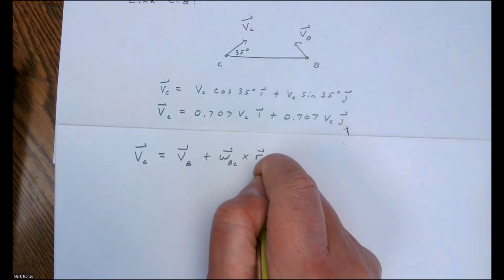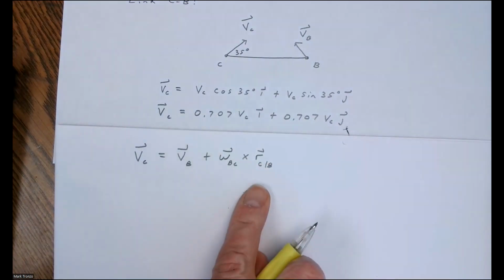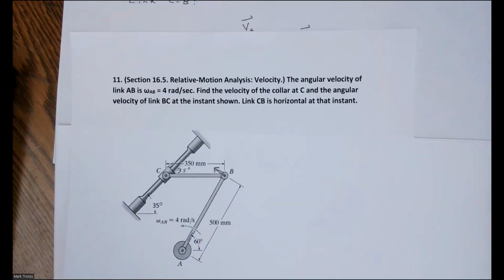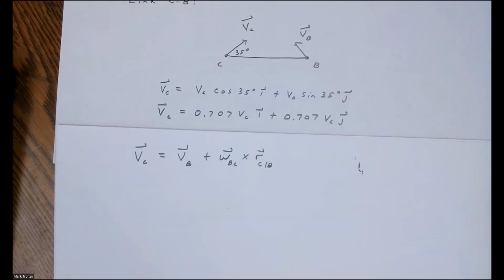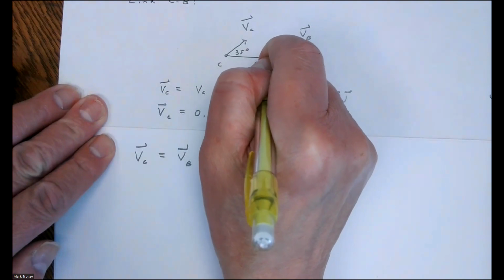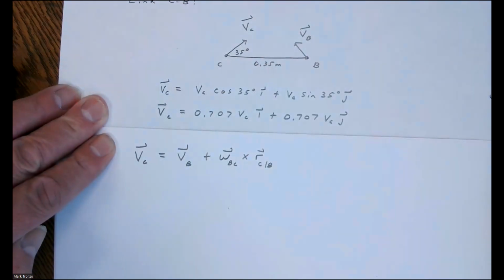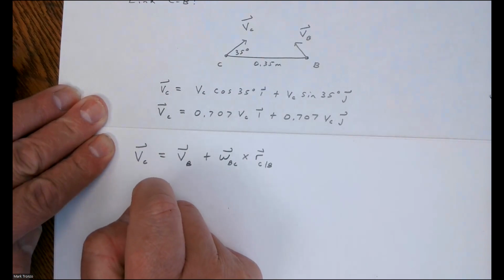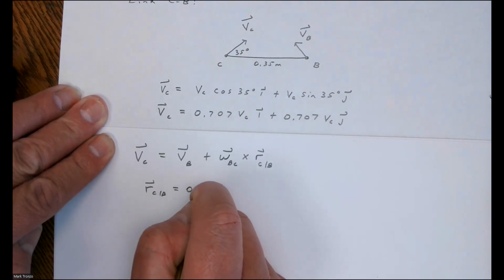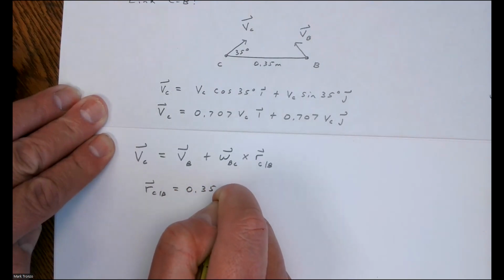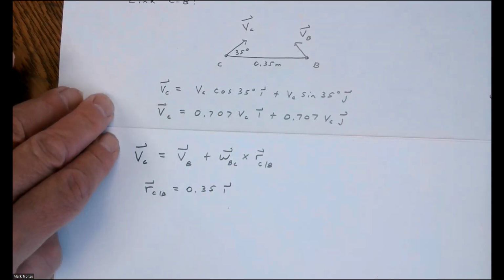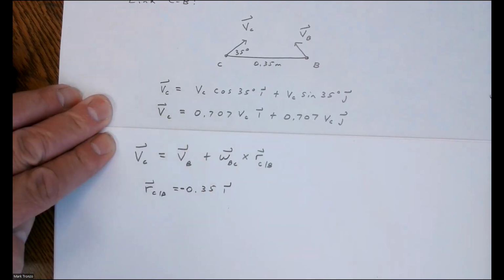And remember, if we have RCB, that means you're going to start at B and go to C. Let's find that distance: it is 0.35 meters. So RCB is 0.35 i. Now this says we're starting at B and going to C, so it looks like that'll be negative, like this.